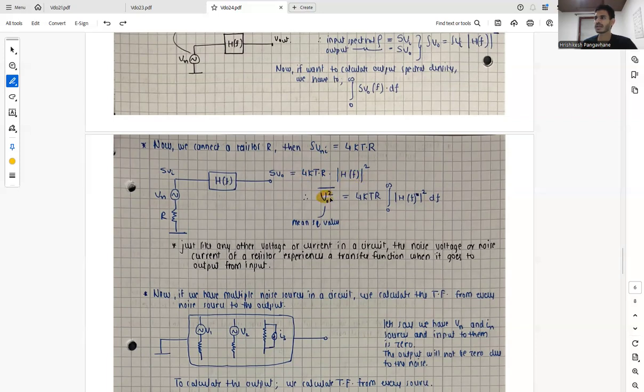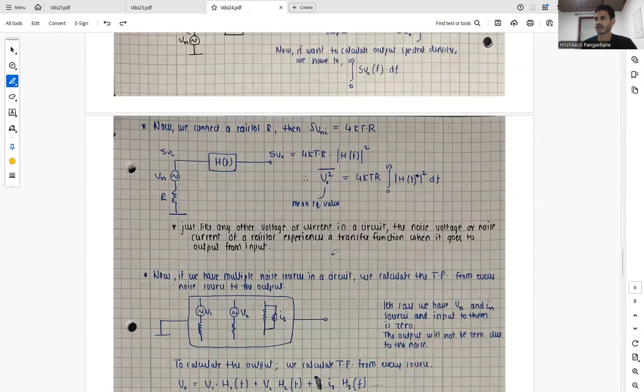And from here we get the mean square value as 4kTR integral of magnitude of H(f) squared df. So just like any other voltage or current in a circuit, the noise voltage or the noise current of the resistor experiences a transfer function when it goes from input to the output.